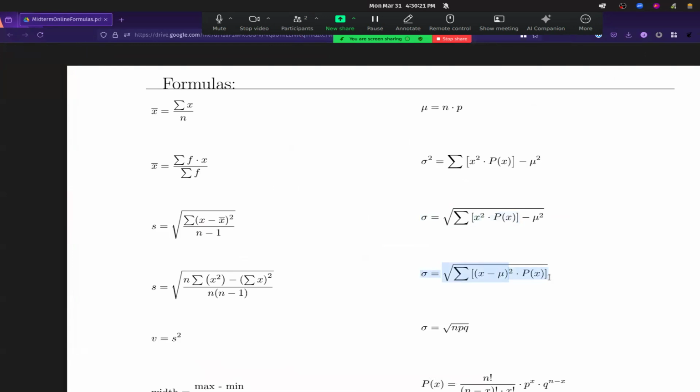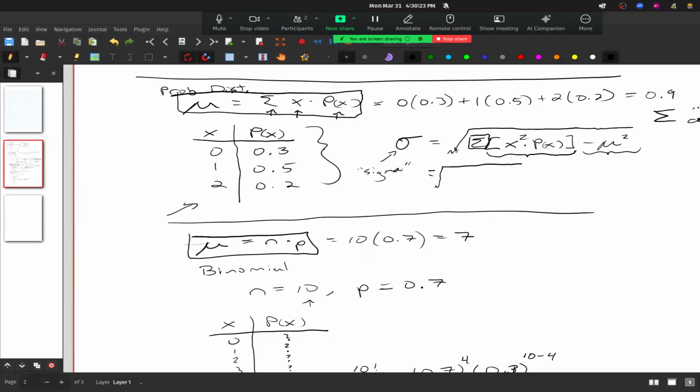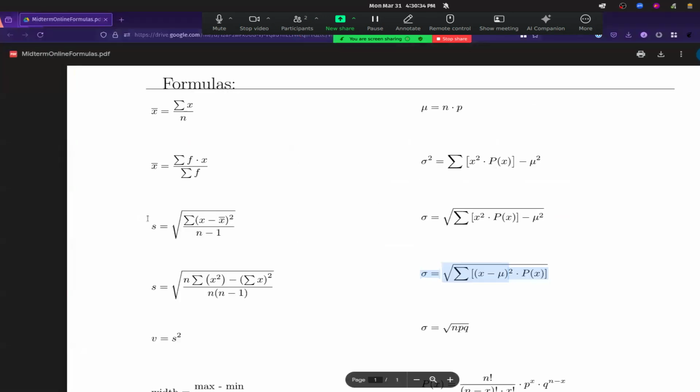Either one of those could be used to calculate the standard deviation of a probability distribution like this. The other two we talked about are just calculating standard deviation when you have a list of data. And this one is basically the same thing as this, just without the square root, because it's been squared.